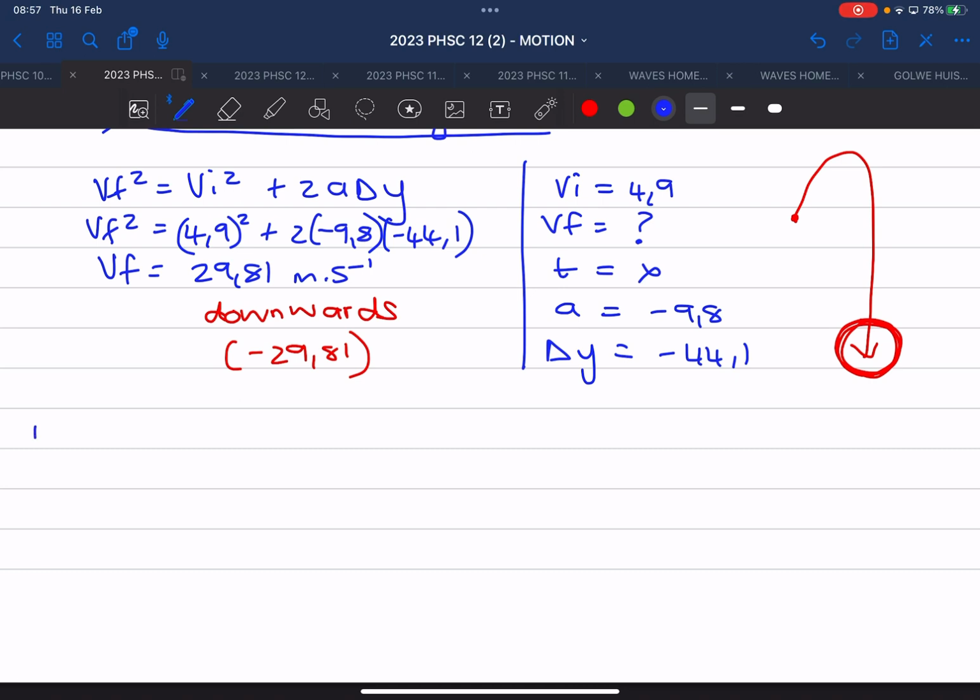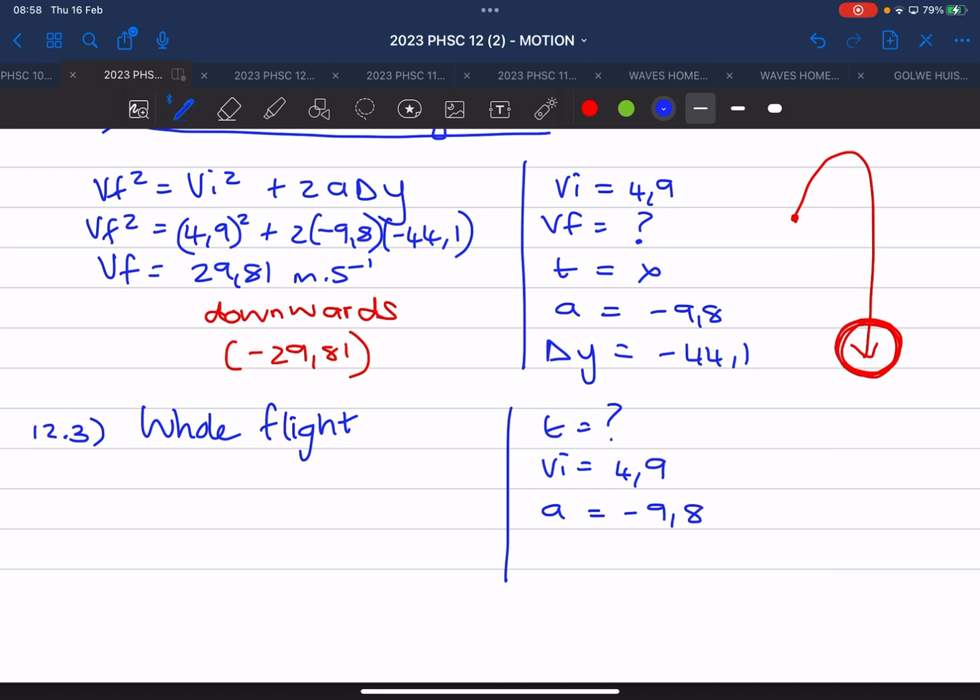Okay, then question 12.3. They say, how long is the flight of the object? So again, we want from the start to the finish. So we're looking at the whole flight, or from start to finish. So we want the time. We have the initial velocity is 4.9. We have the acceleration is gravitational acceleration, negative 9.8. We just calculated the final velocity to be 29.81, but it's going down, so it's negative 29.81.